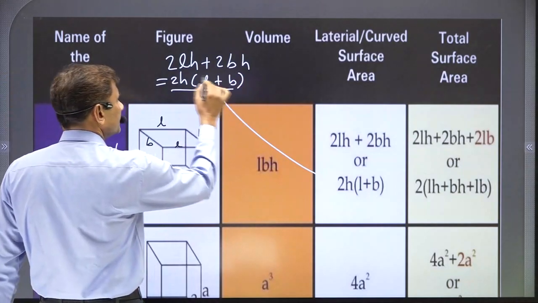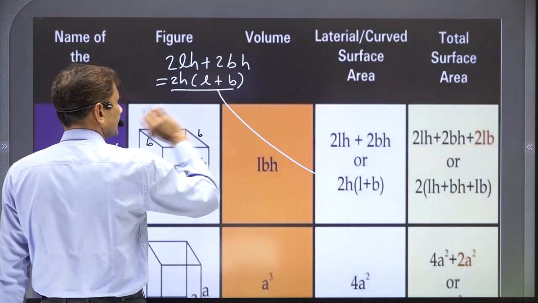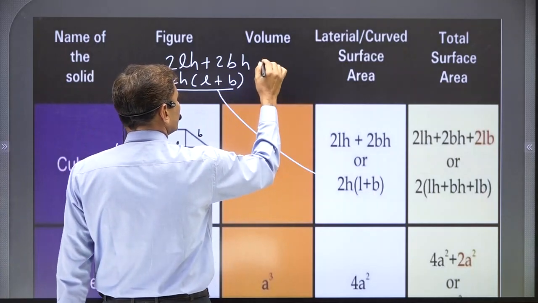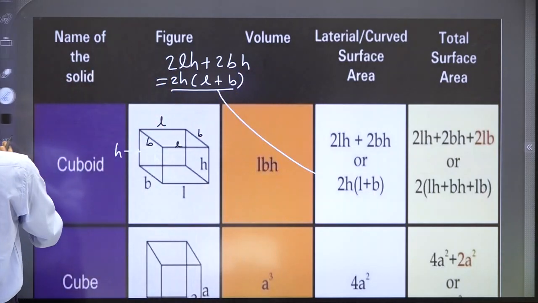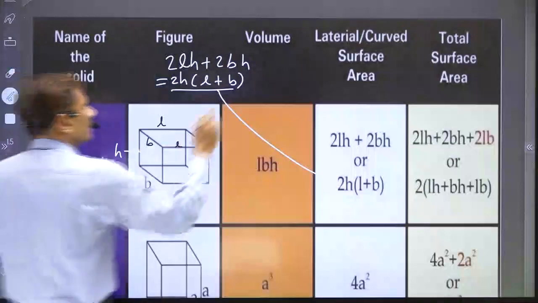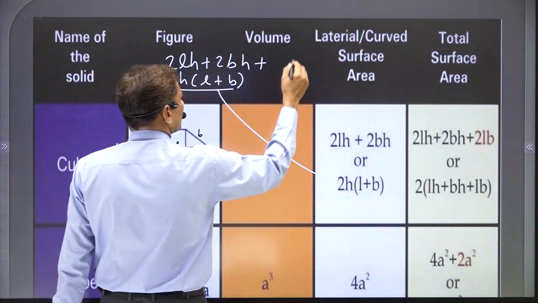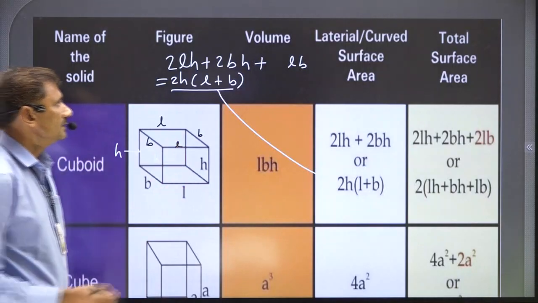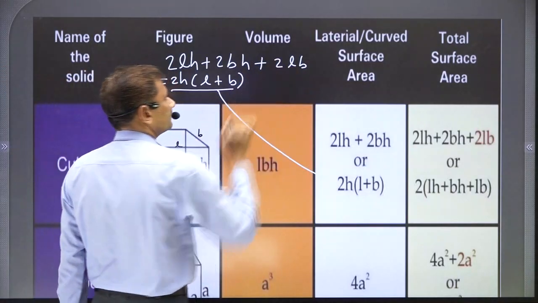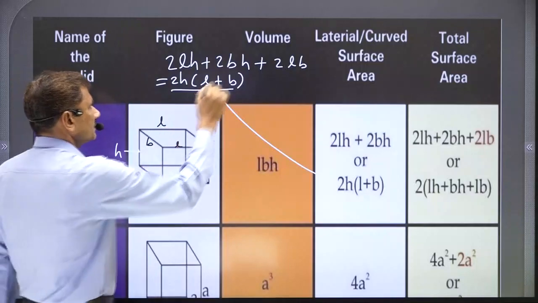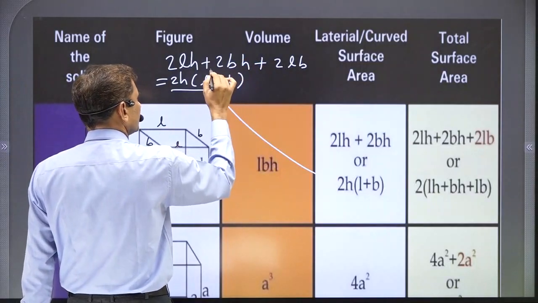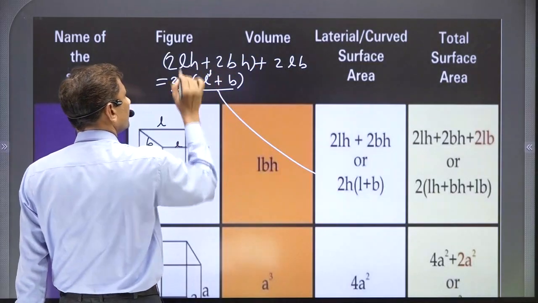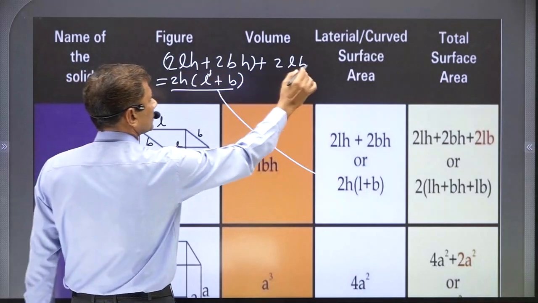If I want TSA instead of LSA only, then I have to add the top as well as the bottom also. If this is the top, then the same area is at the bottom also. So this is the only part for that. It comes from here only. But now we consider total.